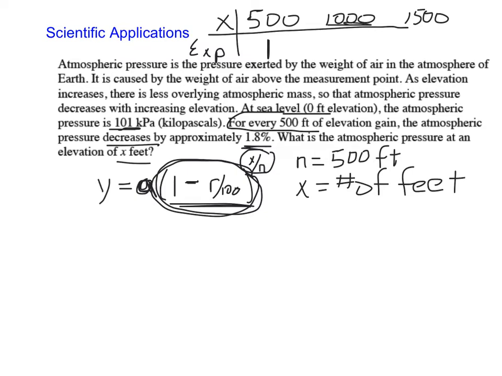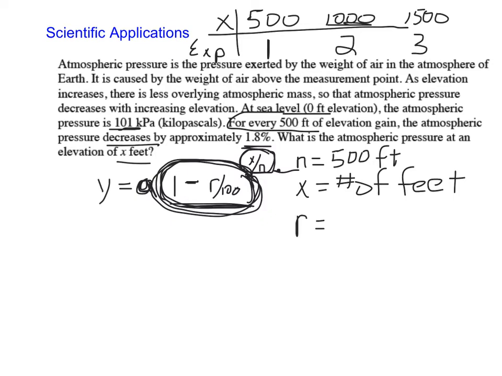If I go up 1,000 feet, I want my exponent to be 2, because I'm going to multiply by this factor 2 times. If I go up 1,500 feet, then I'm going to multiply by this factor 3 times. So each time I'm taking the number of feet, x, and I'm dividing it by the value 500.